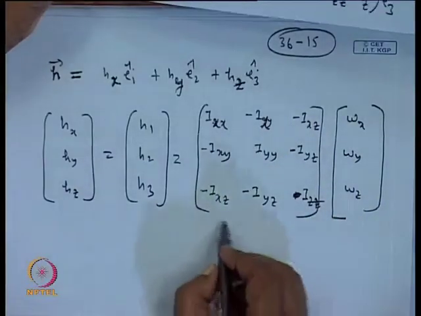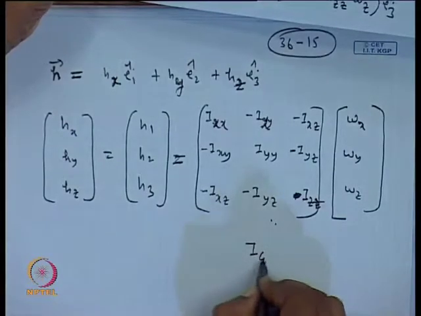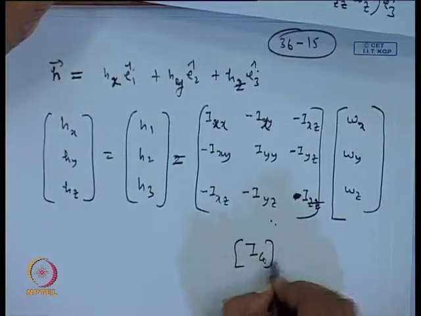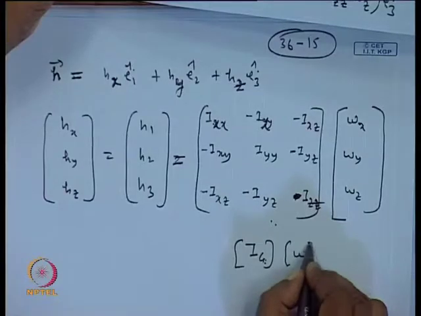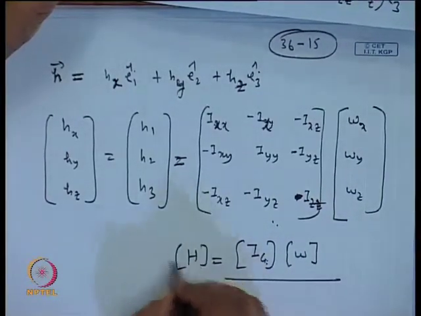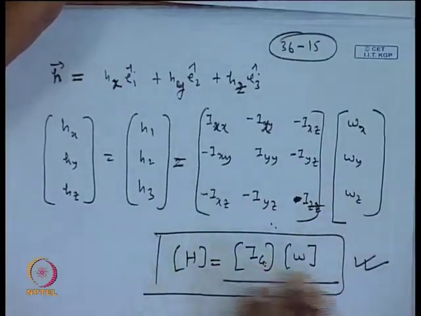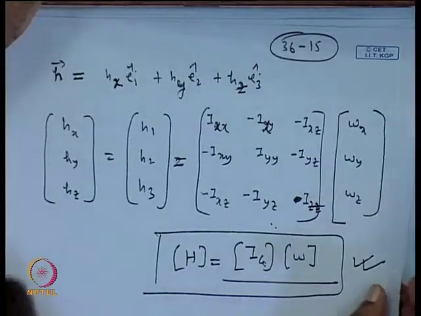Okay. So, this is your inertia matrix I_g times the omega vector, and this you can write as the angular momentum vector. So, in matrix notation, this is a very compact representation.